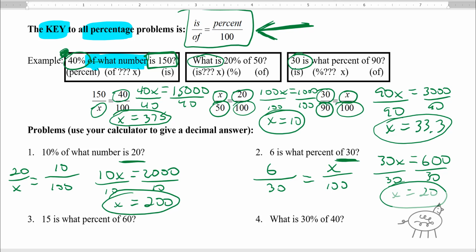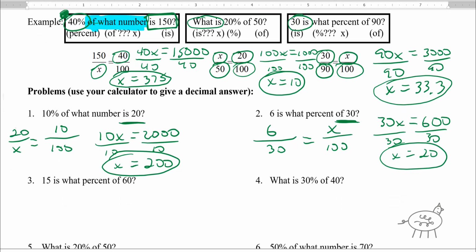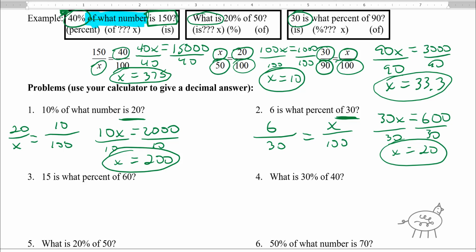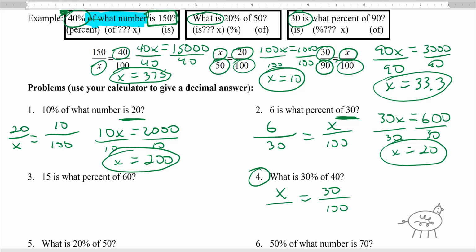And I'm going to do number 4. So what is? That's your question. Put the variable where the is. What is 30%? So 30 goes where the percent is, always over 100, of 40. So put the 40 in the bottom.